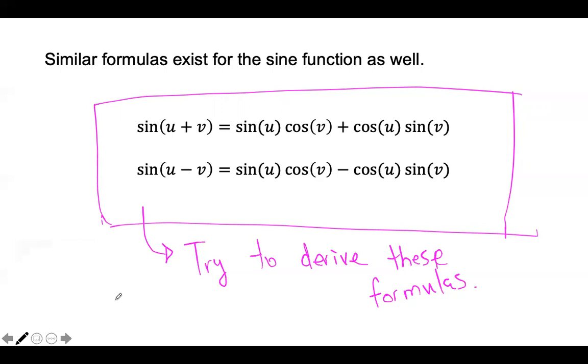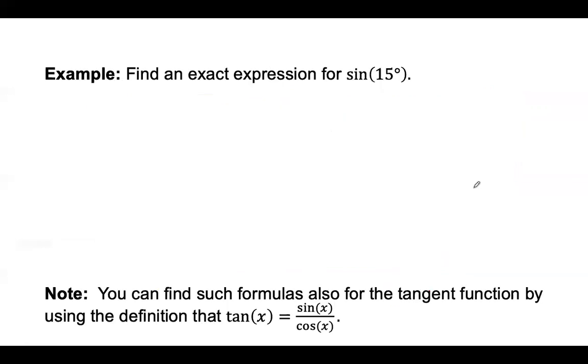So there's the sine ones. And you see that when you're adding, there's a positive here. So it's sine u cos b plus cos u sine b. And the difference is sine u cos b minus cos u sine b. But let's find an exact expression for sine 15.